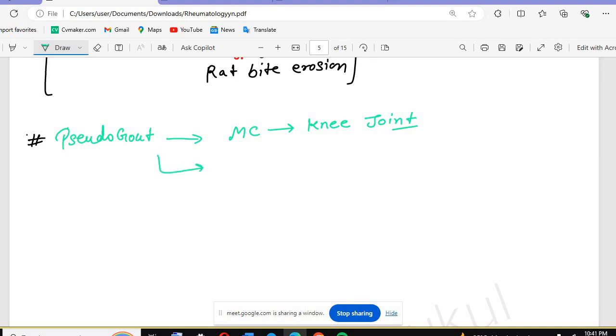What would be deposited here? Calcium pyrophosphate will be deposited in pseudo gout. Okay, is this clear?